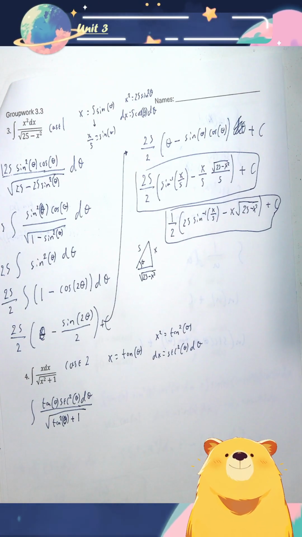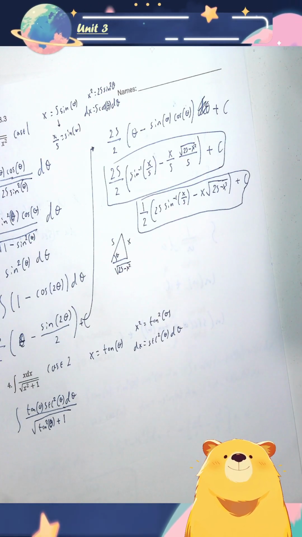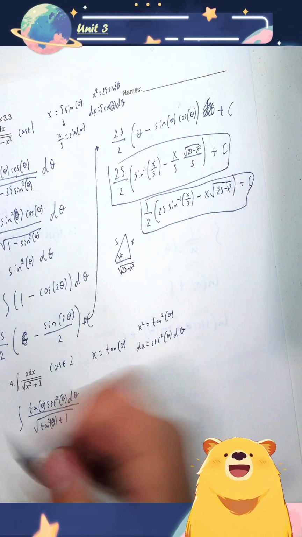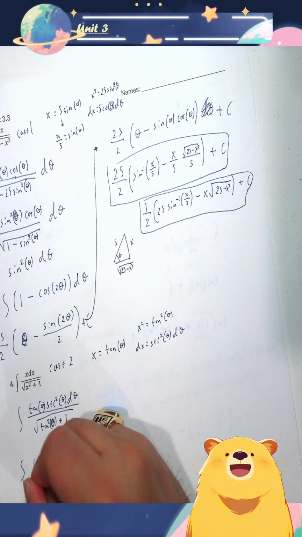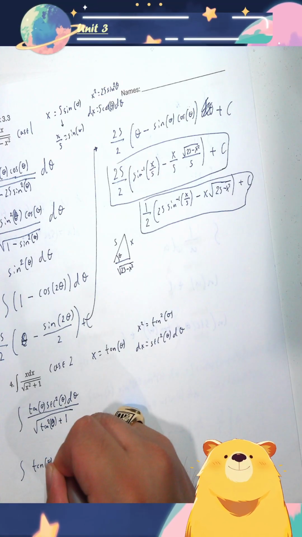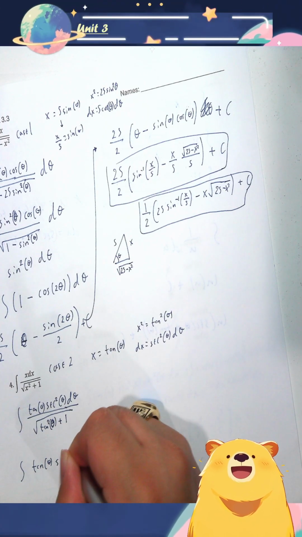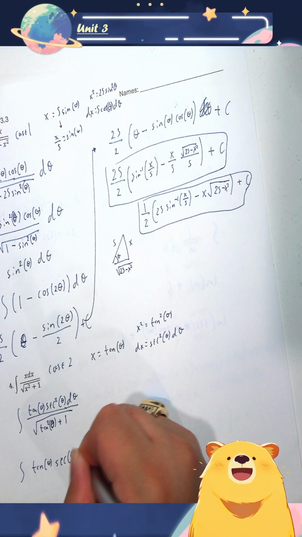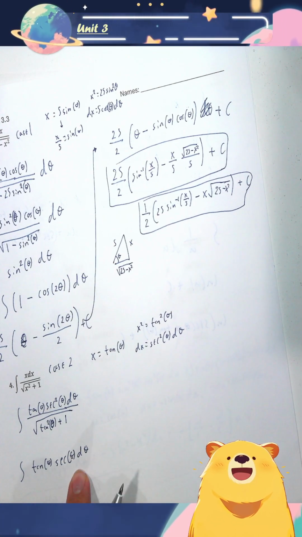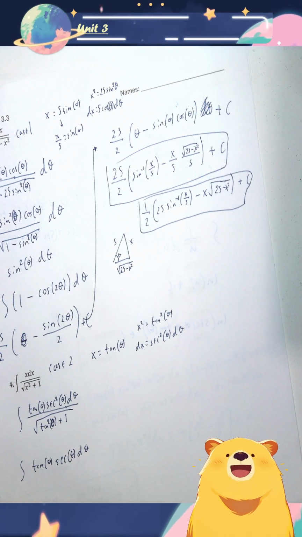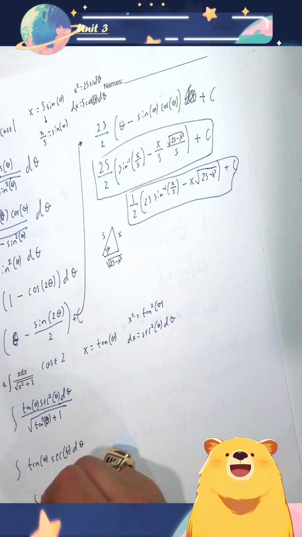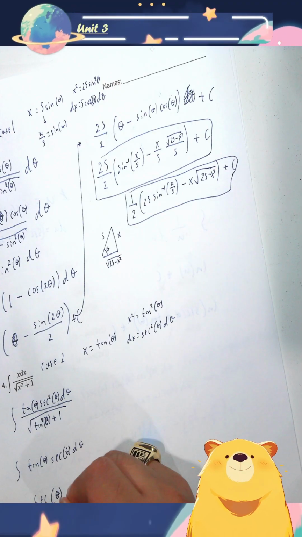So after that, the denominator will become secant squared, and that will cancel out one of the secants. So you're left with the integral of tangent of theta times secant of theta. Well, we know from our derivatives that this is just the derivative of secant. So we know it's going to be secant of theta plus c.